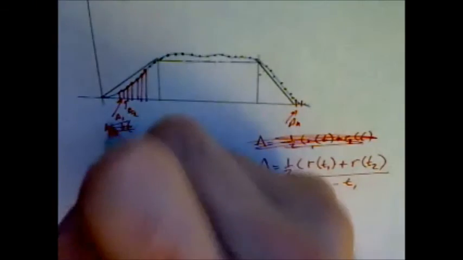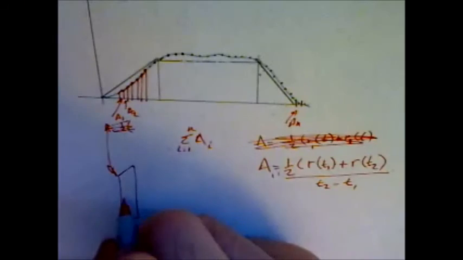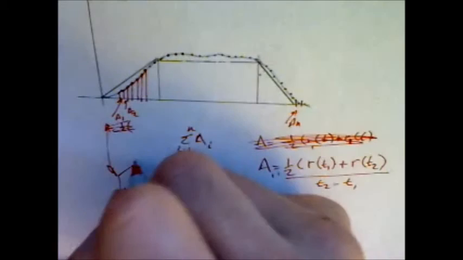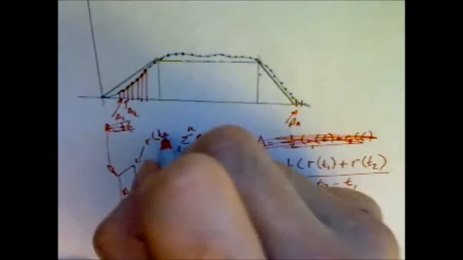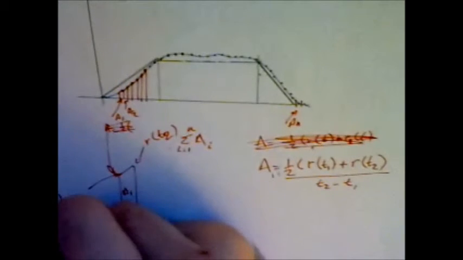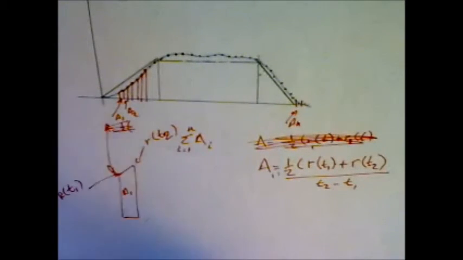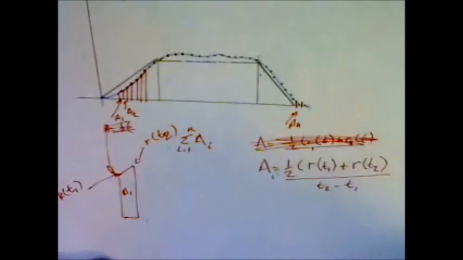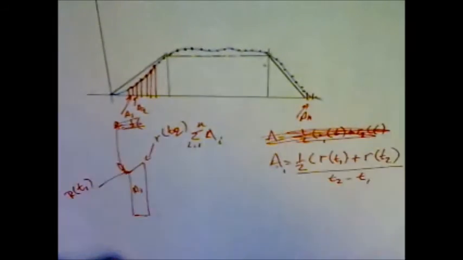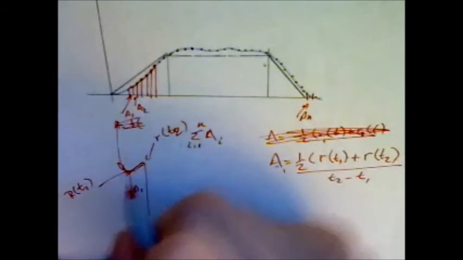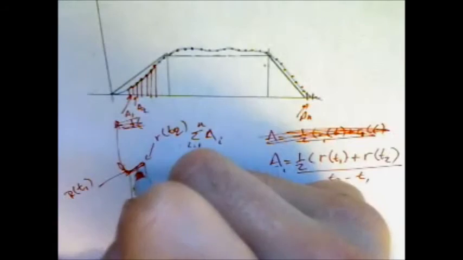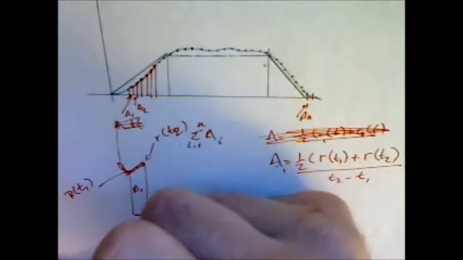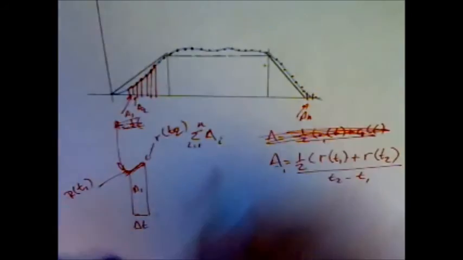Okay, this is A1 blown up. This is my rate at time T2. This is my rate at T sub 1. And this is my delta T. Okay? And we know that basically the area is the average of these two right here times the base. Okay, and so we add these all up.